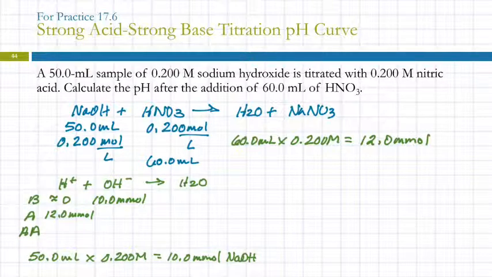We could look at this sort of as a limiting reactant problem. I have 12 millimoles of this and 10 millimoles of that. I've got extra of the acid. So 10 millimoles of this is going to get used up and use up all of that. So I'll have essentially 0 hydroxide, and I'm going to have 2 millimoles of the acid left. You okay with that? See how that happened?